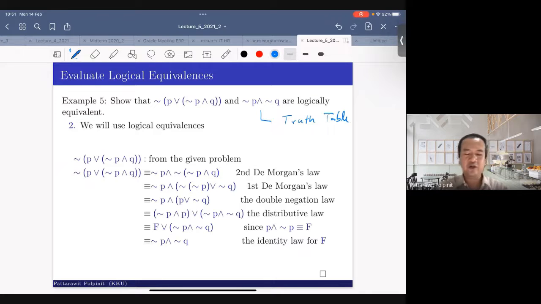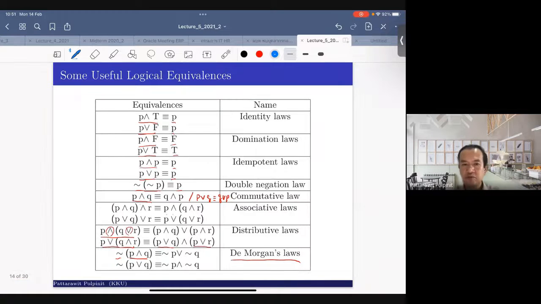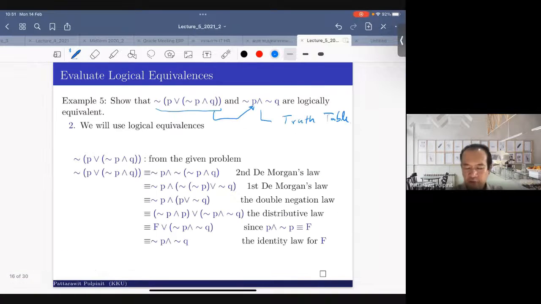That's one way you can do it, or you can use the logical equivalences, which basically means that you try to convert the proposition from the left hand side or the right hand side. It's up to you. If you pick the left, we're trying to convert it using these logical equivalence rules and change it into the right hand side.